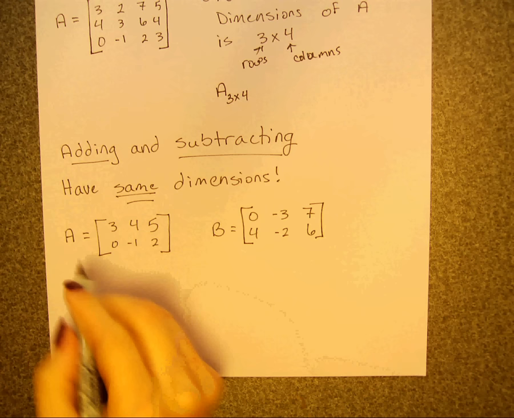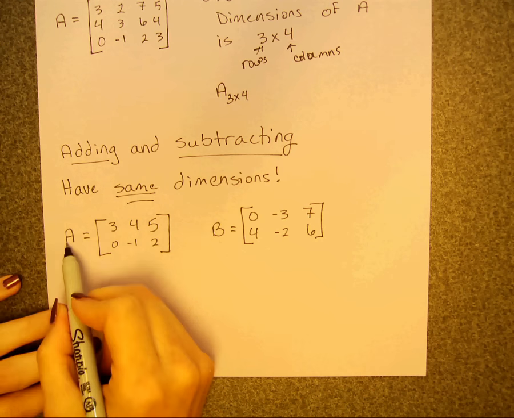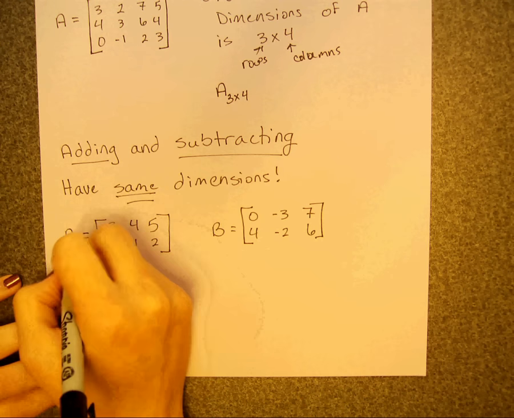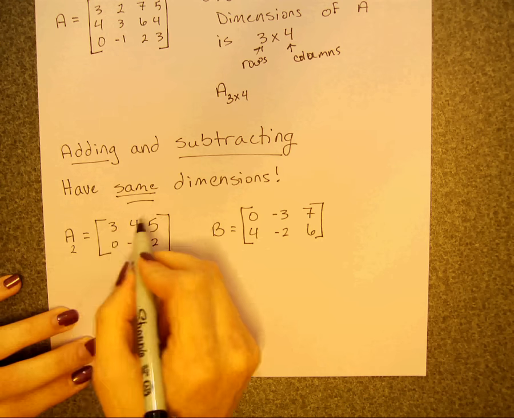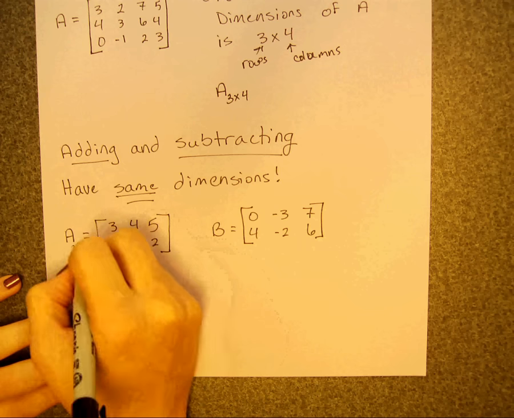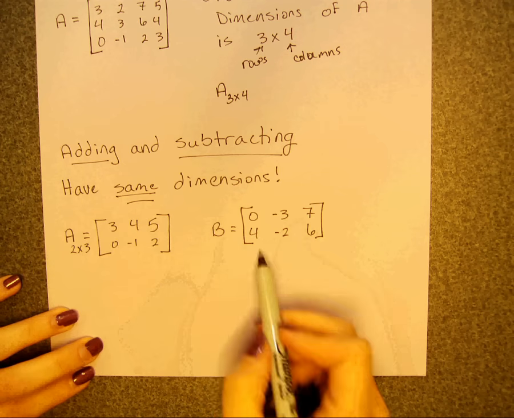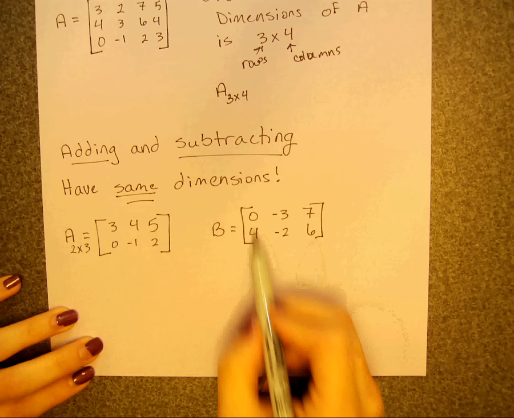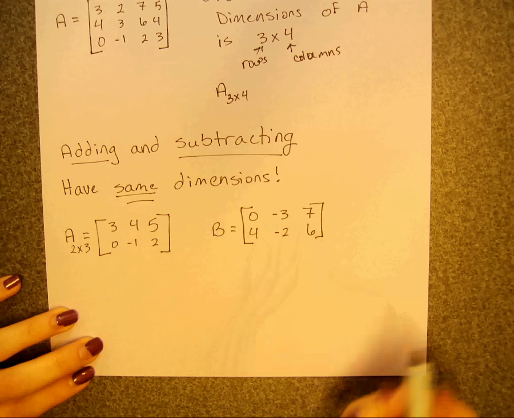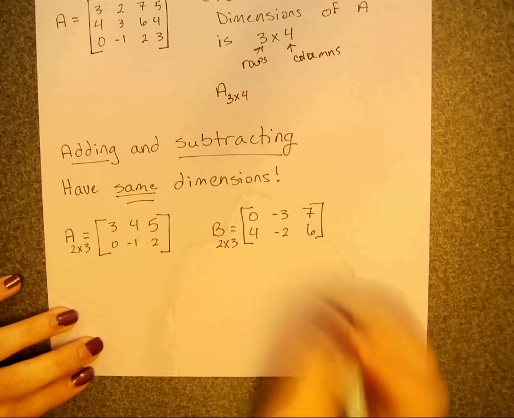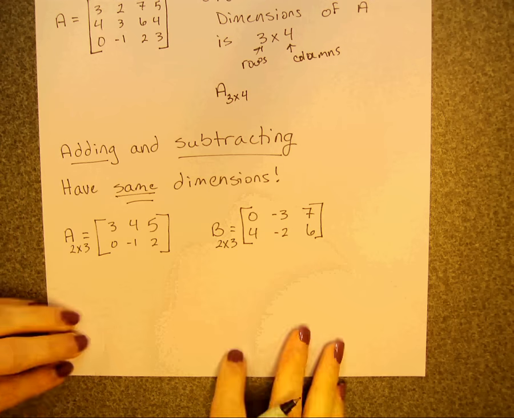So this matrix, matrix A, has 2 rows and 1, 2, 3 columns, so it's a 2 by 3. And let's look at B. It has the same dimensions. It has 1, 2 rows and 1, 2, 3 columns, so B is a 2 by 3 as well. So we can add and subtract these two matrices together.